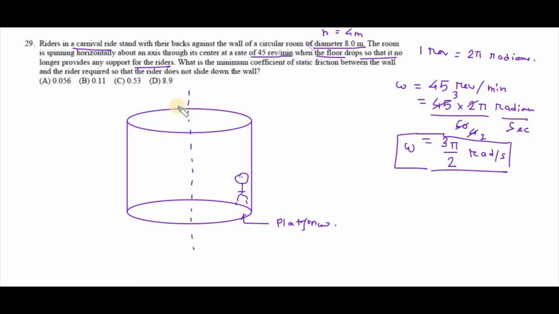Slowly it starts its motion, and after that it obtains an angular speed of 3 pi by 2 rad per second, and the radius of this circular room is 4 meters.